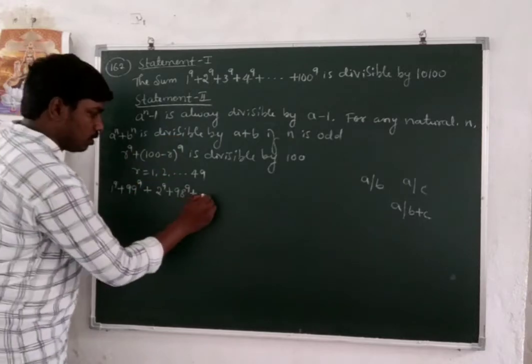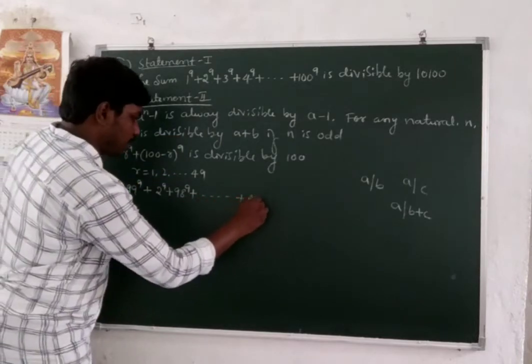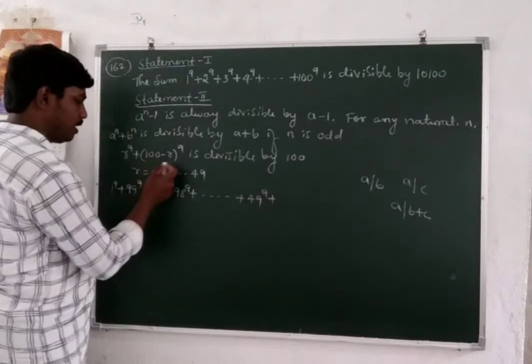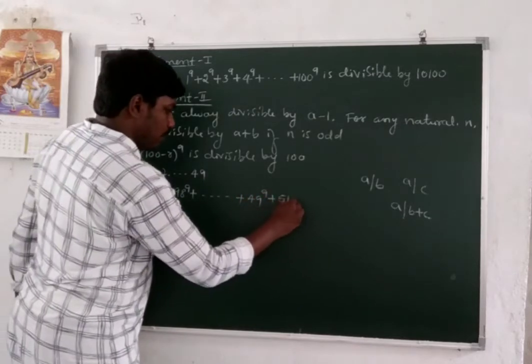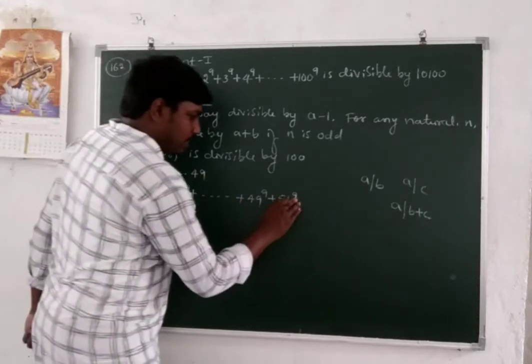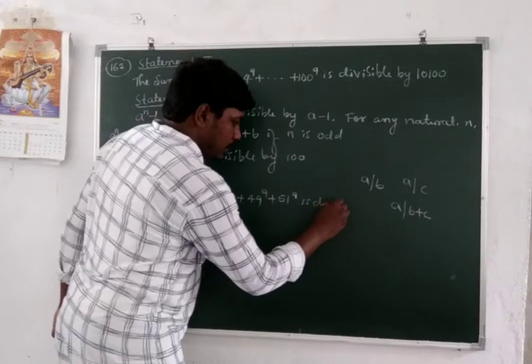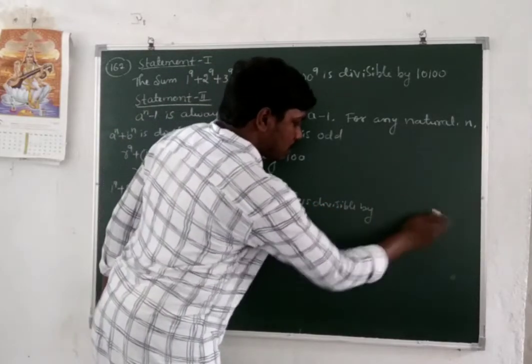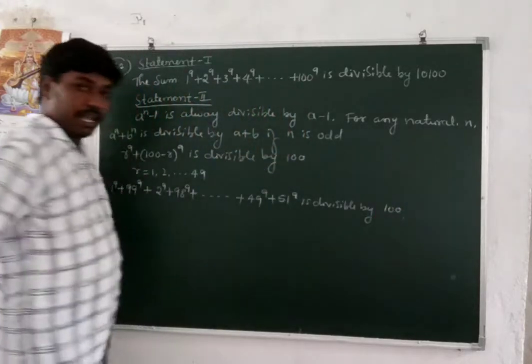How far does this go? Up to 49 power 9 plus (100 minus 49), that is 51 power 9, which is divisible by 100.